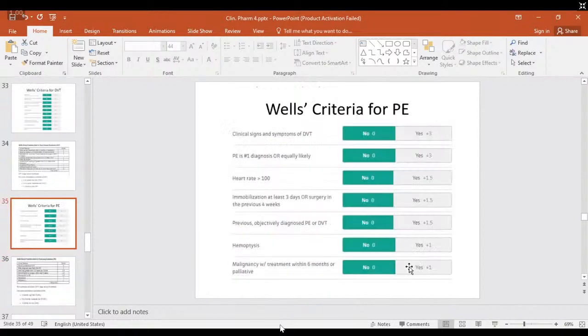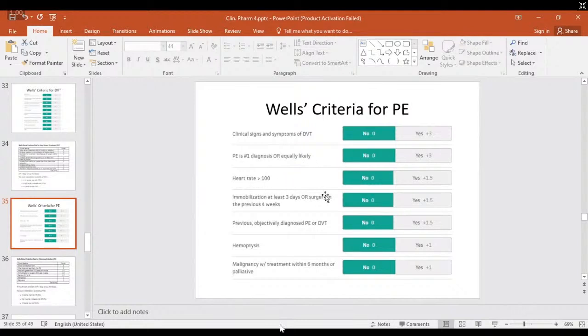And then you can also use the Wells criteria for pulmonary embolism if you are suspecting your patient to also have pulmonary embolism. So any signs of DVT, +3 points, pulmonary embolism as the number 1 or most likely diagnosis, +3 points. Heart rate over 100.